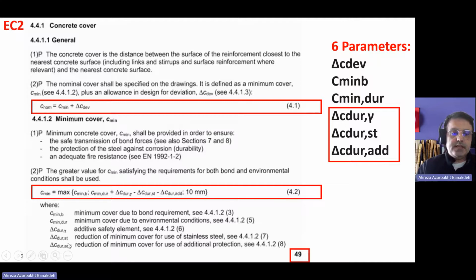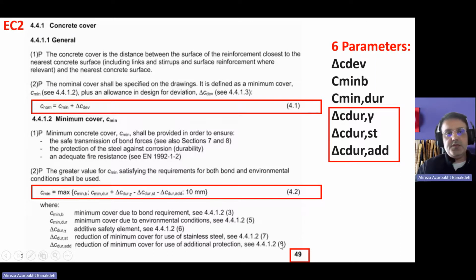So below equation 4.2, you will see the definition of these three parameters referred to sections 4.4.1.2, subsections 6, 7, and 8.